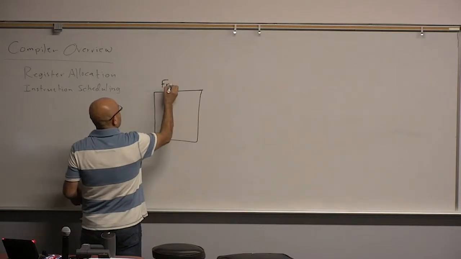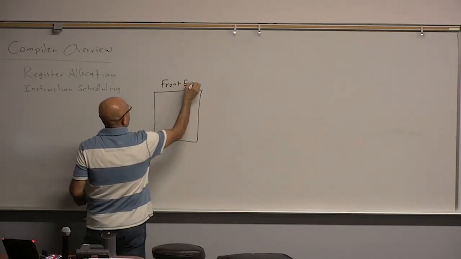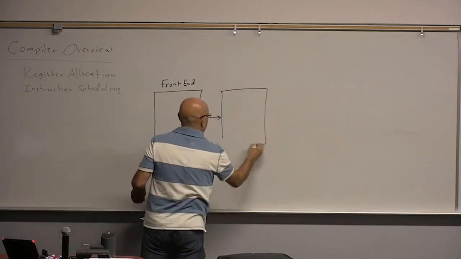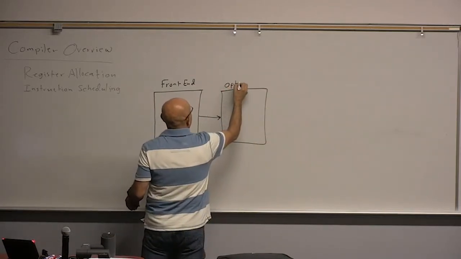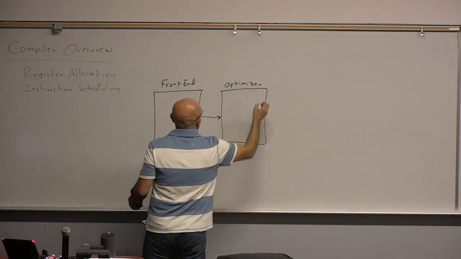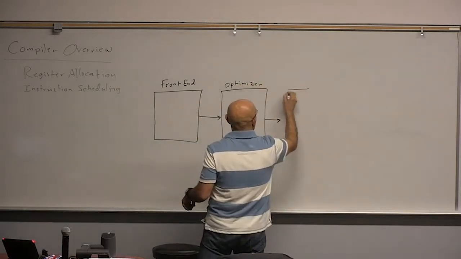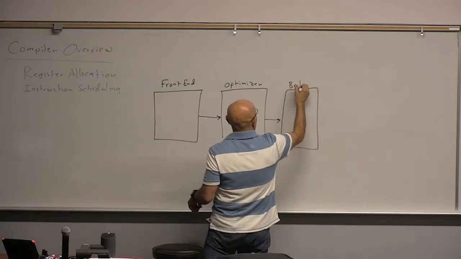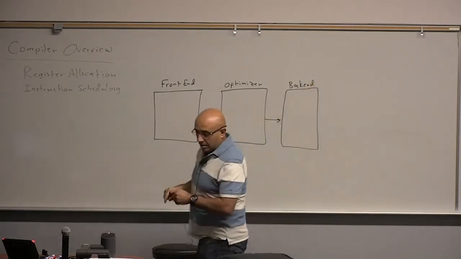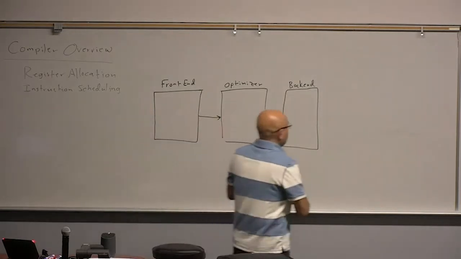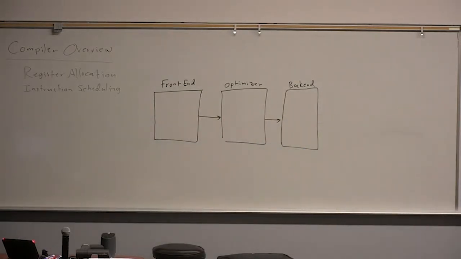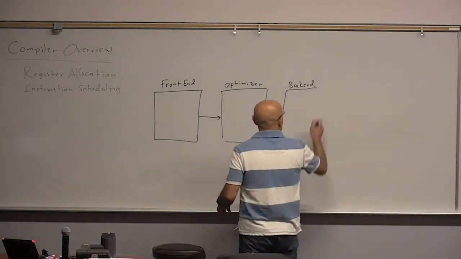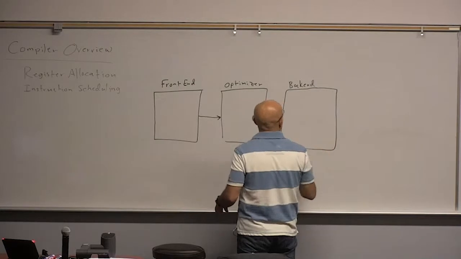So the compiler, we have the front end, we have the optimizer, and we have the backend. Okay, and let's try to remember what each one of these does, just to review what we covered in the previous lectures.